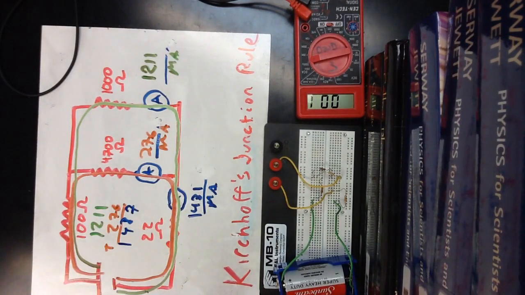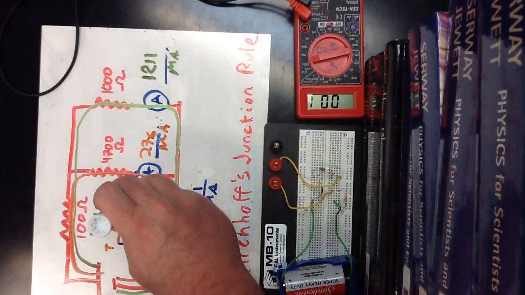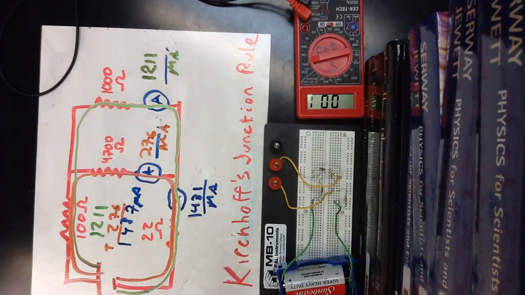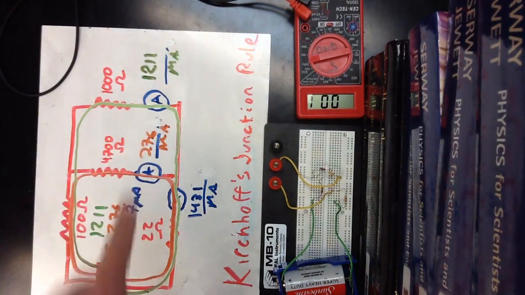So we should be getting 1487 microamps. We're getting 1431. These are very, very small currents, so the meter's not super accurate. But I think it makes intuitive sense that the current through the entire circuit, which is represented by the 22 ohm resistor, would be the sum of the currents through the two separate branches.